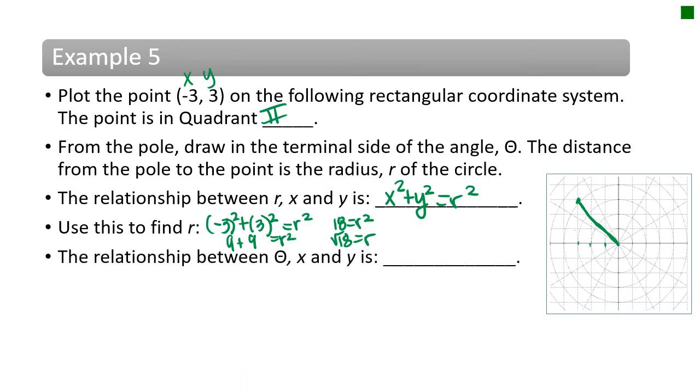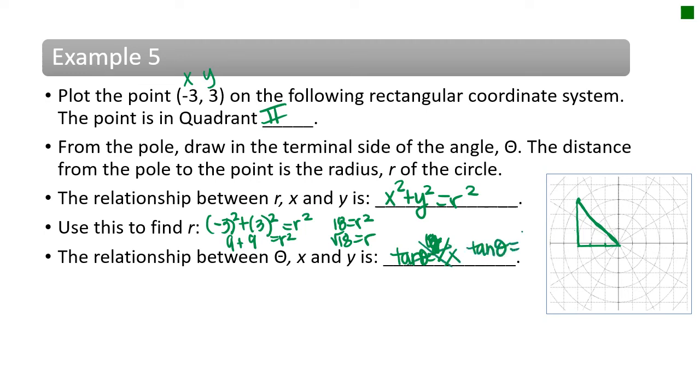And then again, to figure out that relationship between x and y and tangent, tangent of theta is equal to y over x. I'm going to write that one more time.